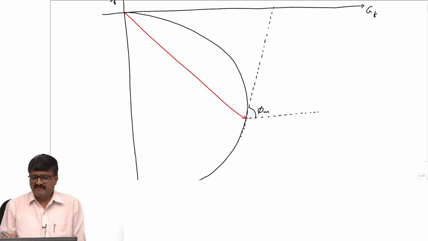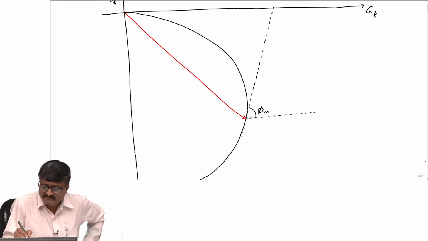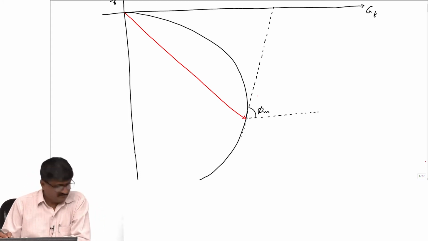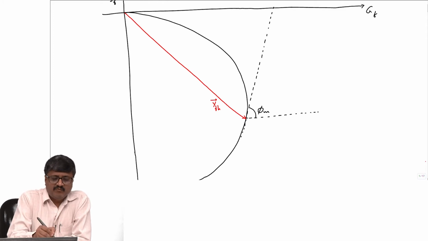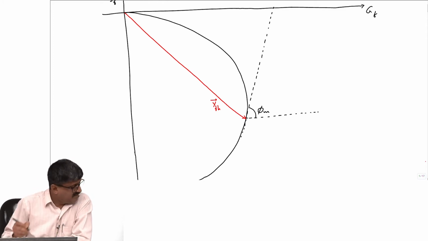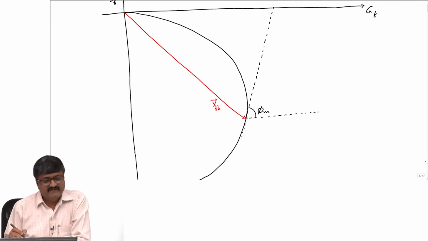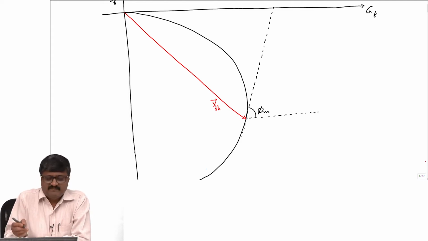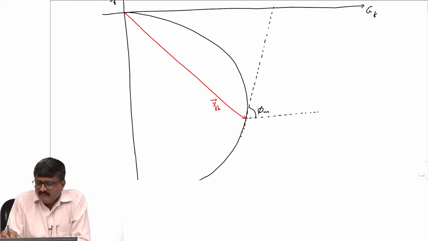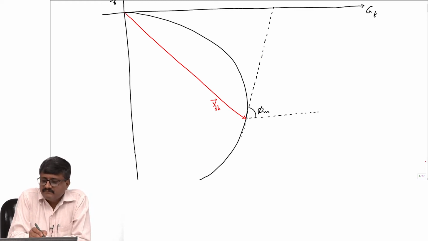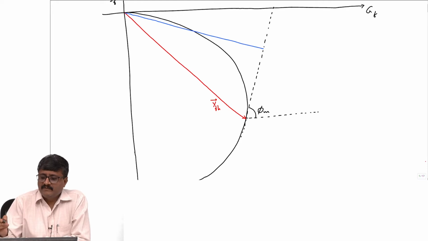So, this is YFH. And to get YNH, what I should do is first take YFH plus YNH, which is obtained by dropping a perpendicular from the origin to the boundary. Okay.